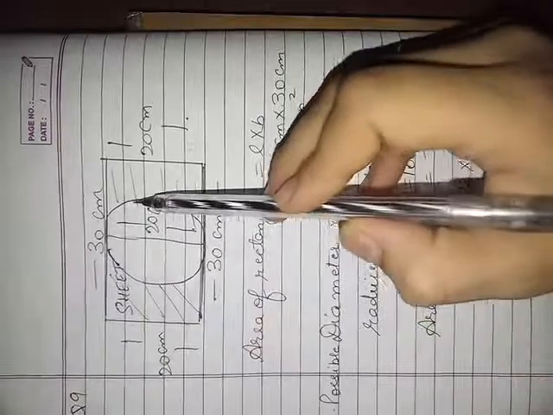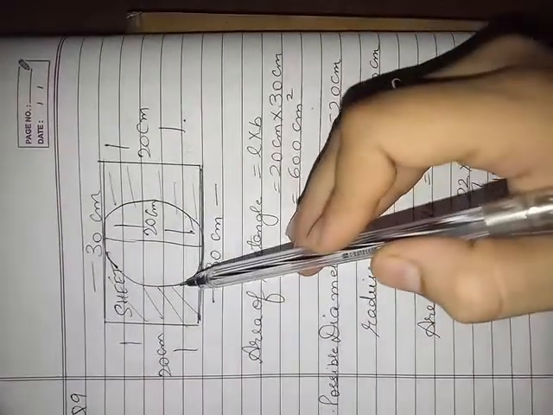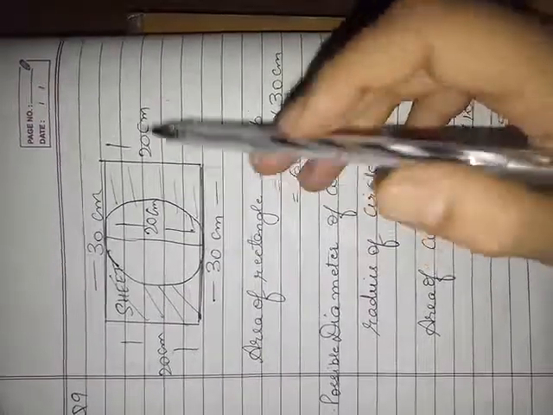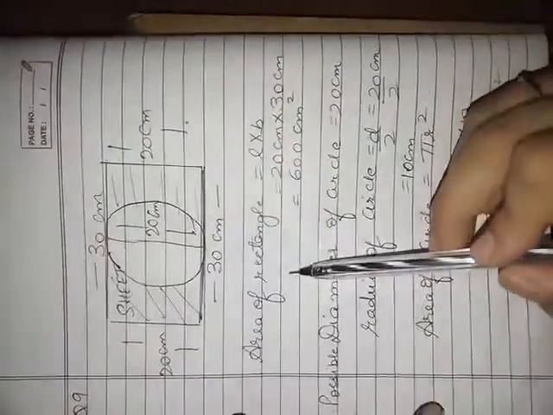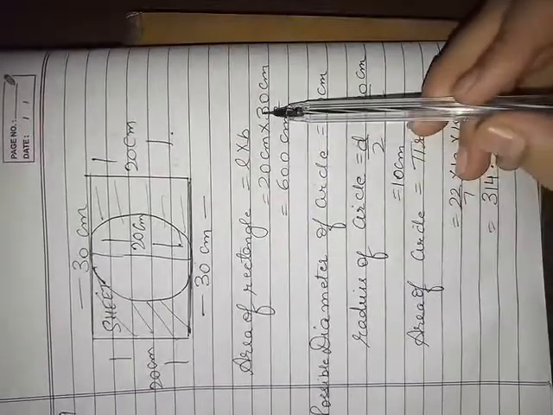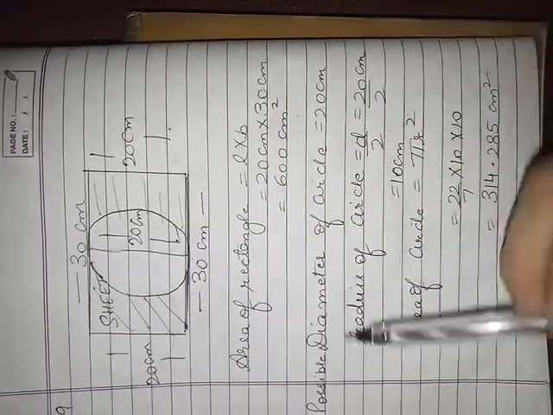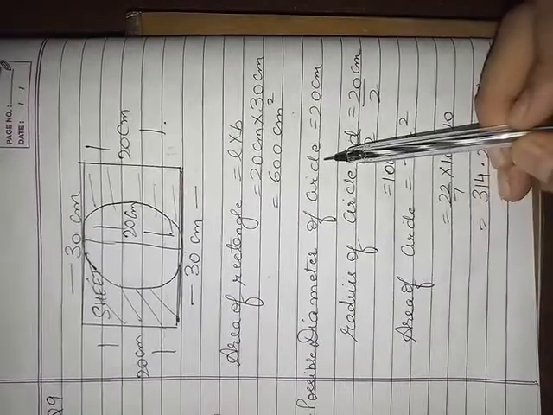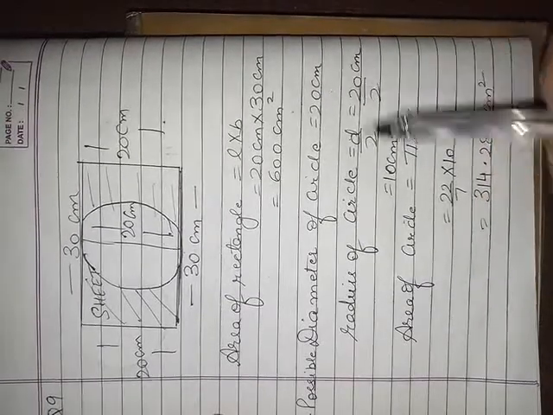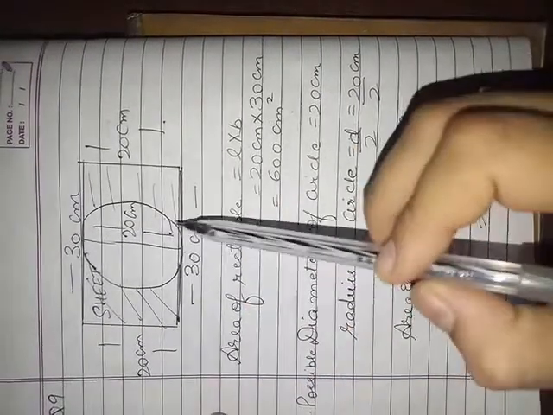To find the area of the remaining sheet, first we will find the area of the rectangle, then we will find the area of the circle, and then subtracting, you are able to find the area of the remaining sheet. Area of rectangle minus area of circle. Rectangle area is length into breadth. Length and breadth is given. Replace the values. After that, the possible diameter of a circle will be 20, because if more than 20 is there, the shape will not be a circle.